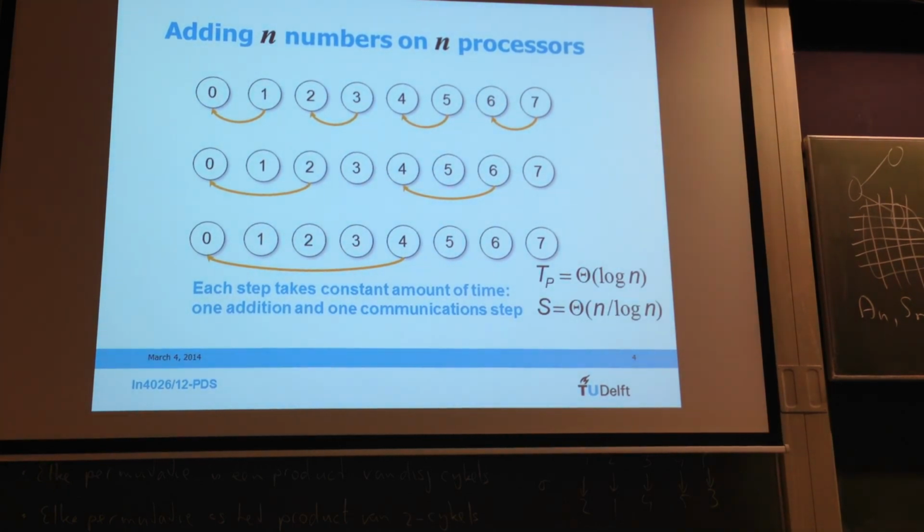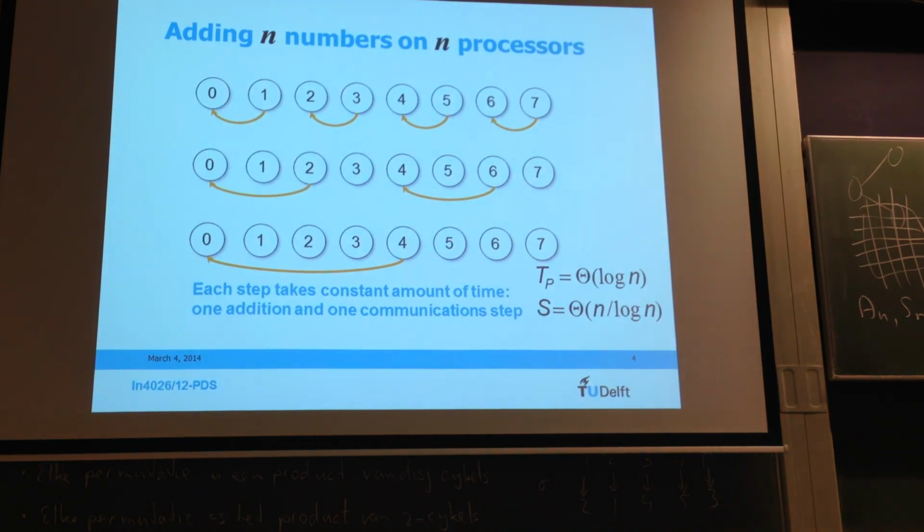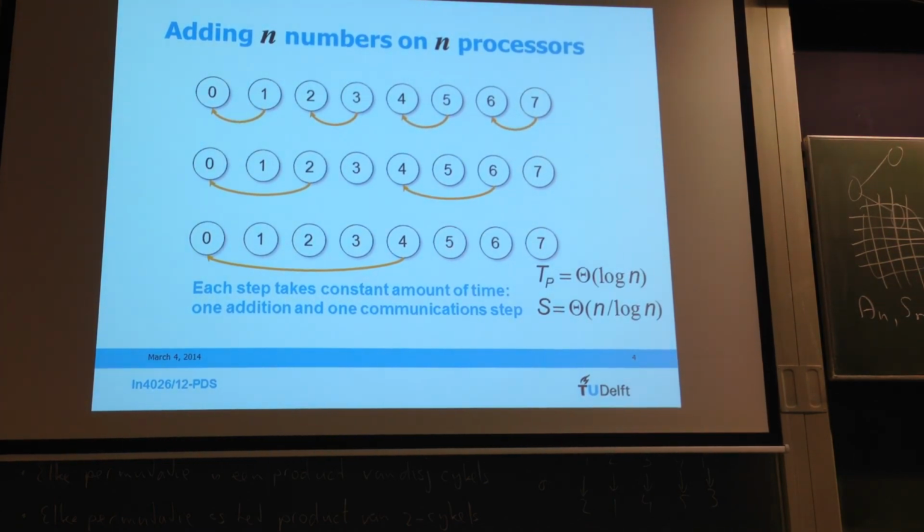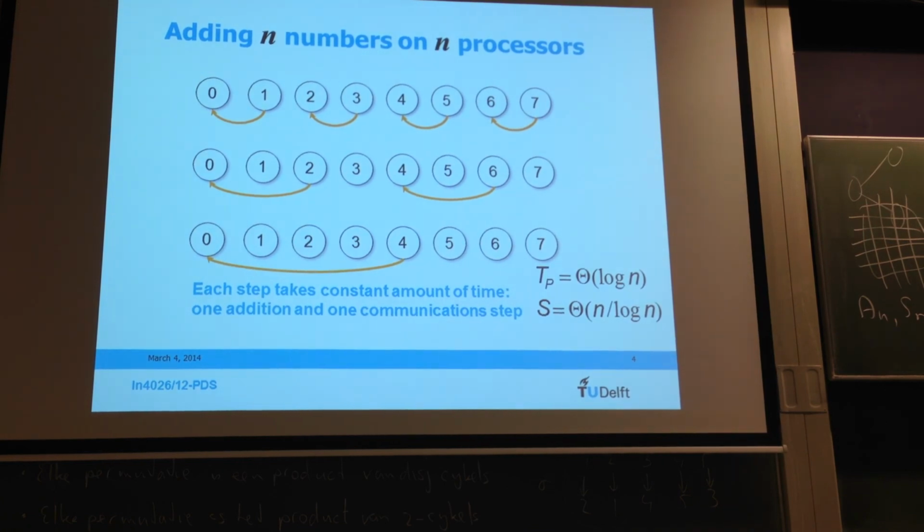In that case, we can conclude that the parallel execution time is log n, because we have a binary tree reducing to a single number. And by definition, my speed up is n over log n.